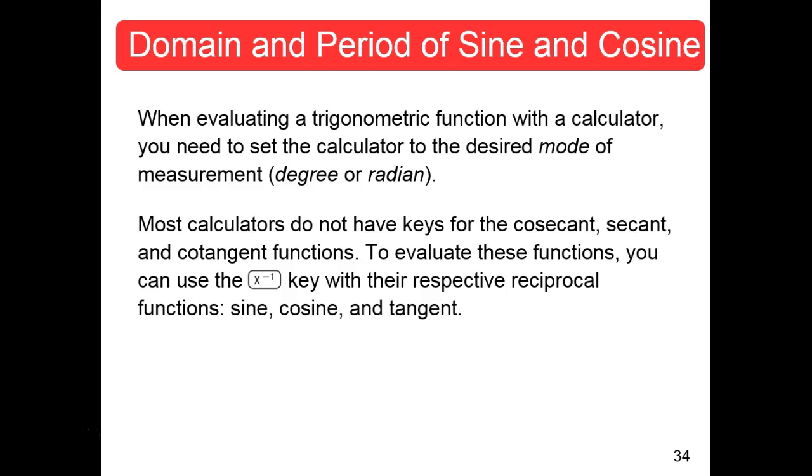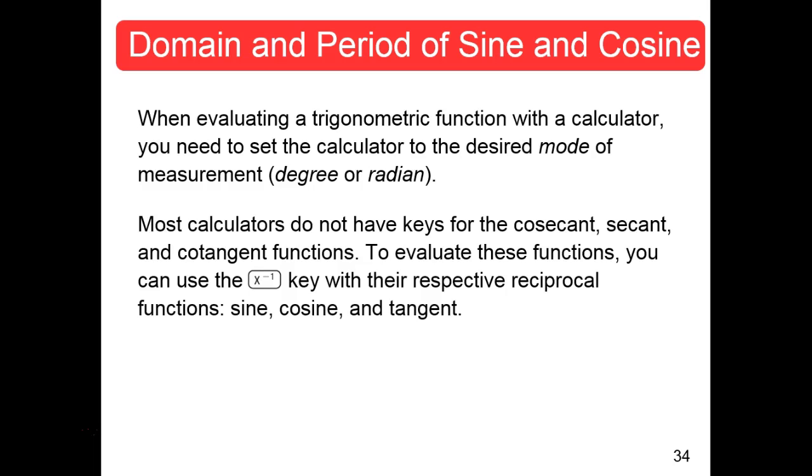So if you're trying to find that, do it for the reciprocal function, then use the 1 over x key. The x to the minus 1 key is one way to express it. Some of the older calculators have a 1 over x key. If you don't have either one of those, just divide by it. That is taking a reciprocal. And you can go from there.